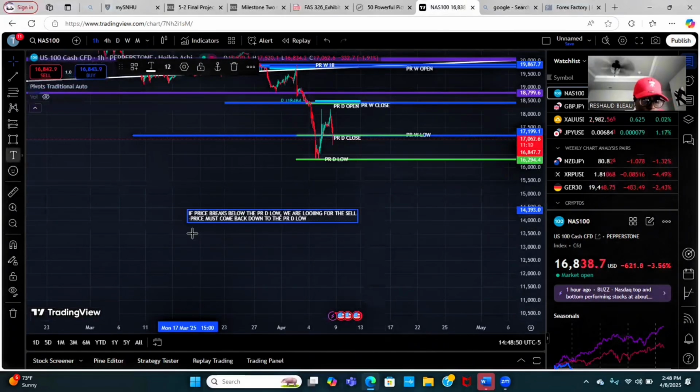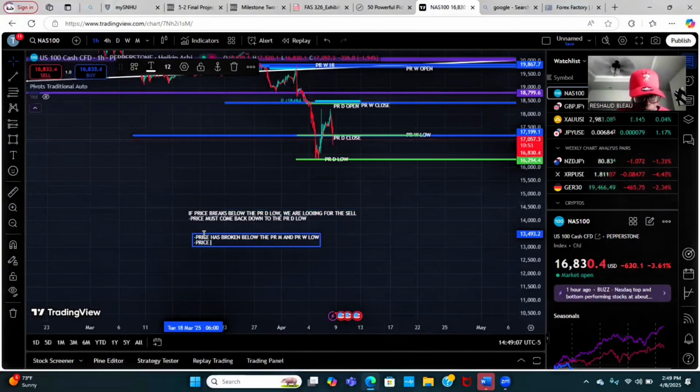Here are the notes for this. Price has already gone below the previous monthly and previous weekly low.